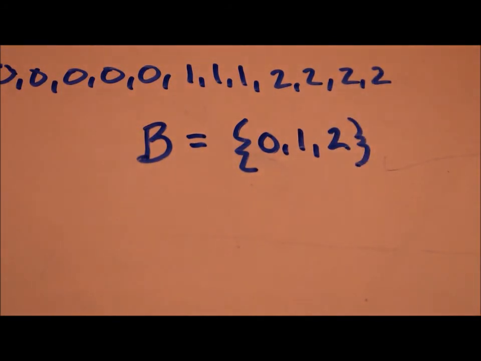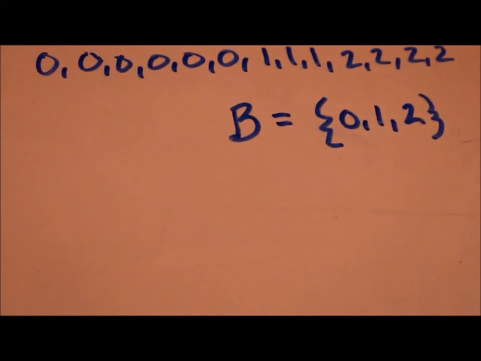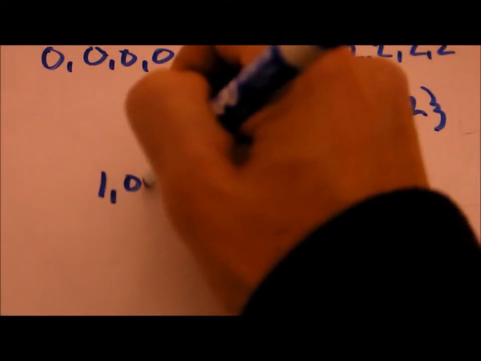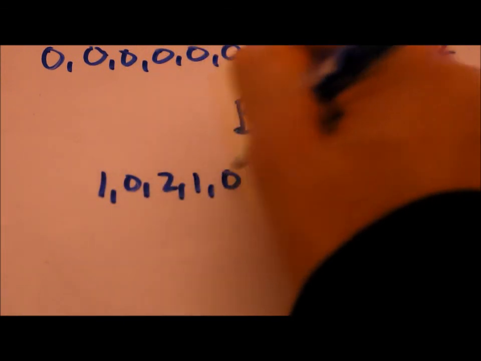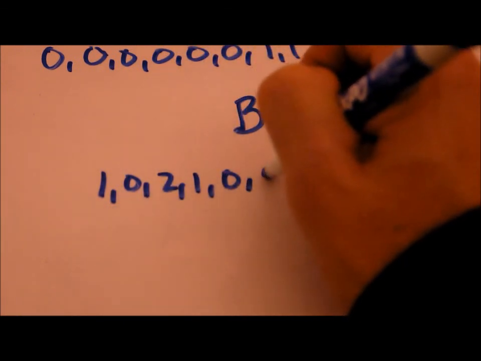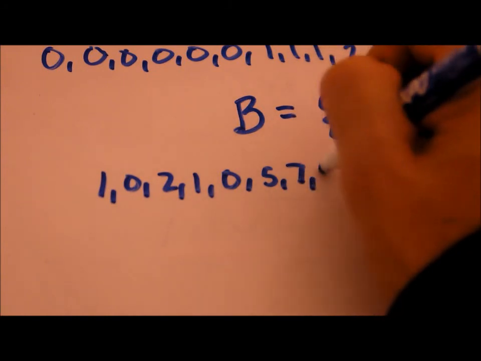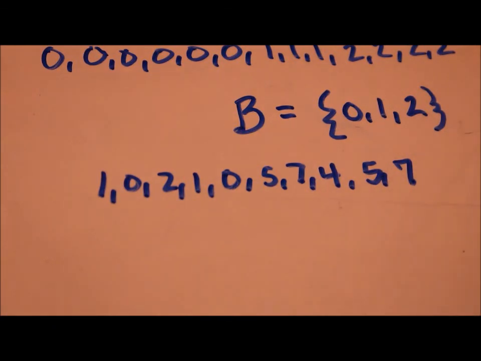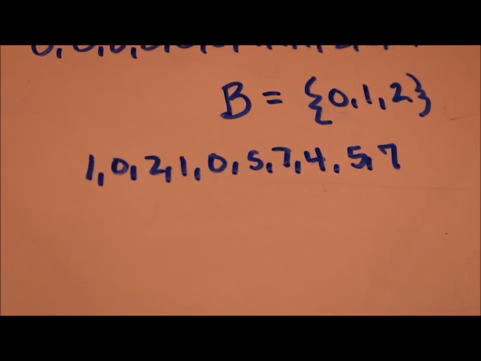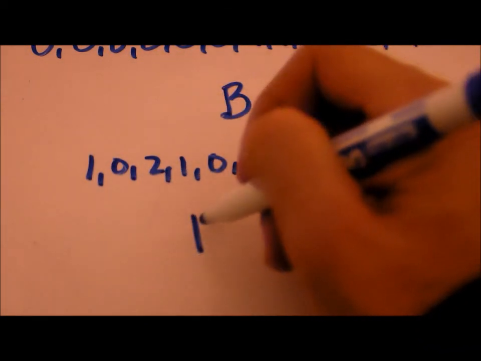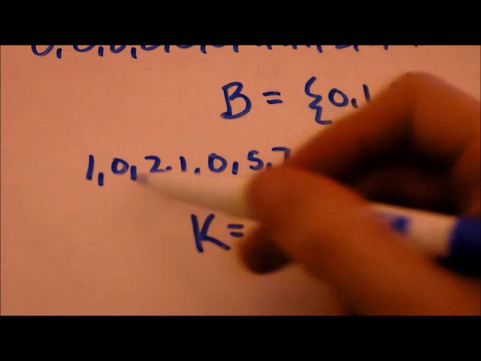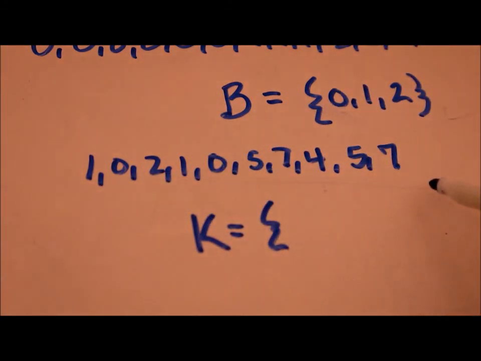So that's set notation. Okay, so example 1, it says represent the following numbers as members of set K. So we do K equals, and all right, we have a bunch of repeats, right?